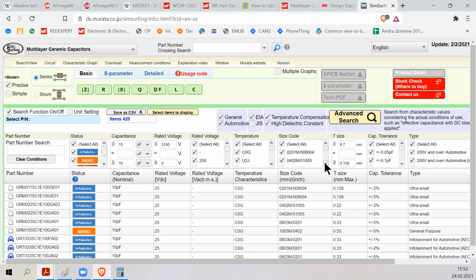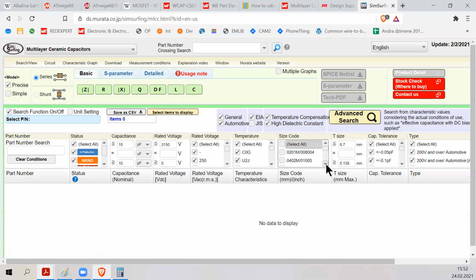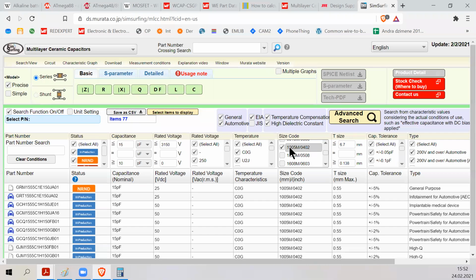And in millimeters it is 1 by 0.5. So actually the size that I need is this 1005 in metric or 0402 in inches. This is a popular, very small size.